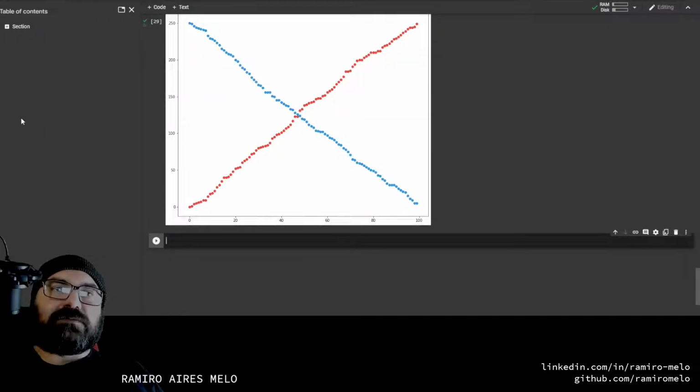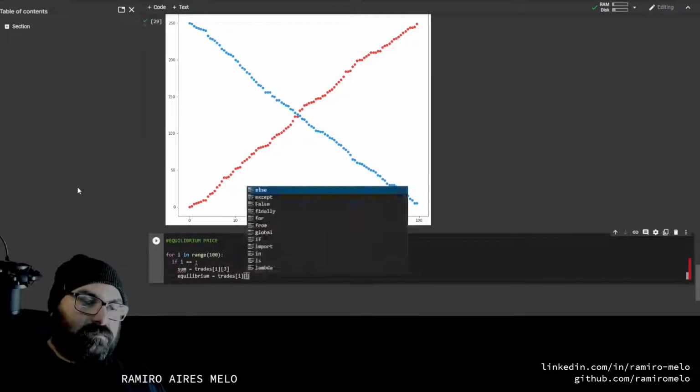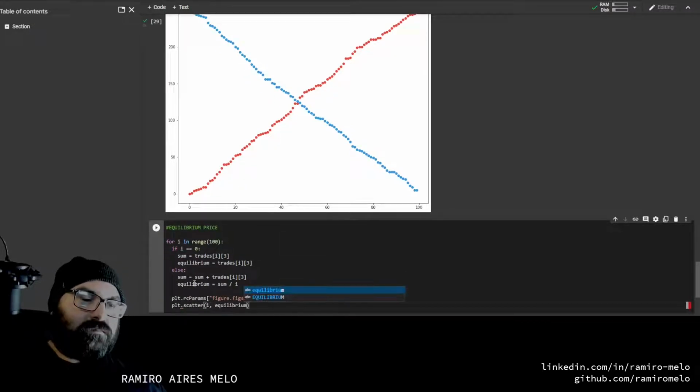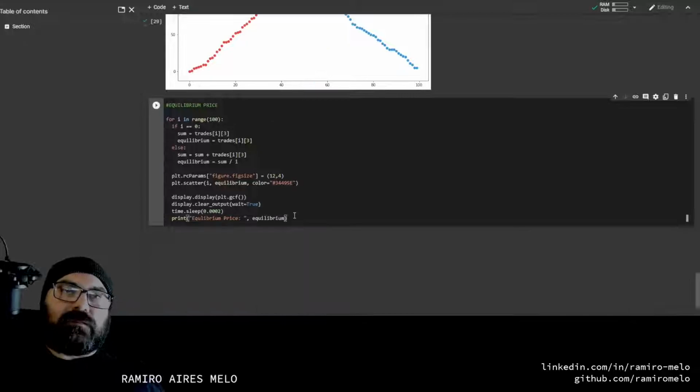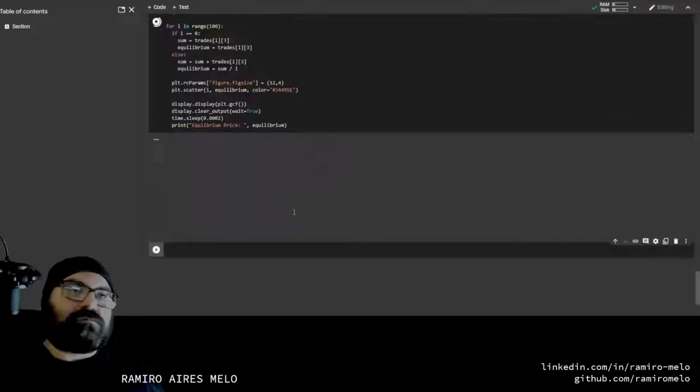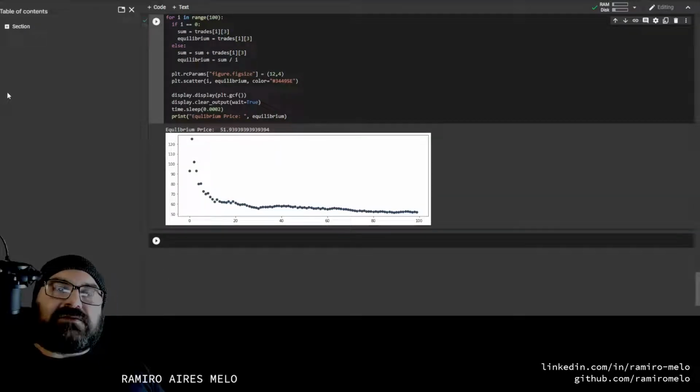After defining the supply and demand curves, now we can find our equilibrium price. Equilibrium price is the price where the supply of goods matches the demand, okay? Let's run the code. In this virtual market with random numbers, we can see that our equilibrium price is somewhere around 52, okay?